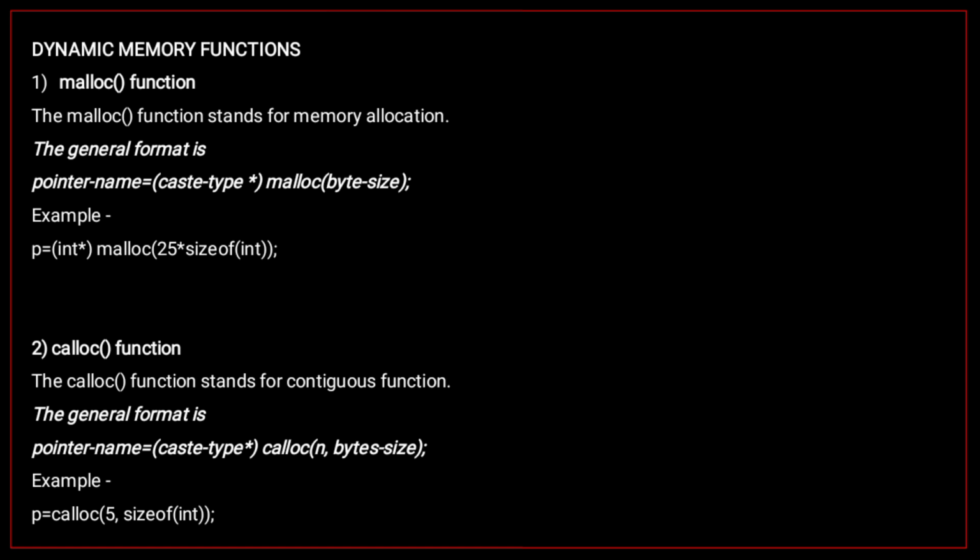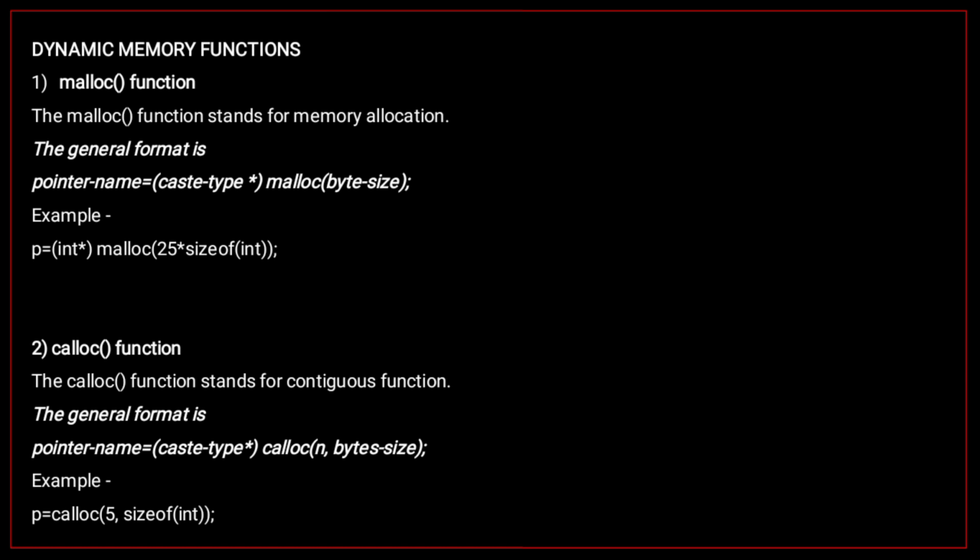Now this is the example: p = calloc(5, sizeof(int)); In this statement, 5 blocks of memory of the same size are allocated that can store integer type data. If the calloc function can't find the specified memory space, then it will return null.